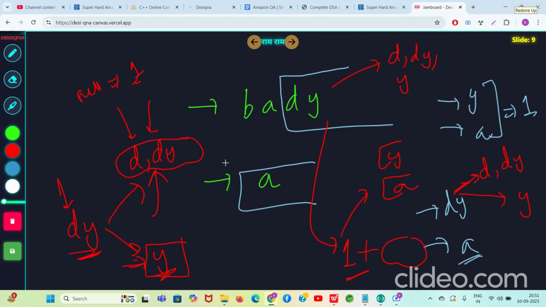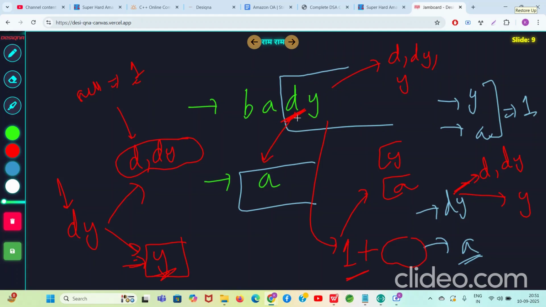It's pretty simple. Why? See, you now need very deep observational skills. This is the game changer. When you are looking at dy now, this d is bigger than a. Because this d is bigger than a, all the subsequences after d can merge with d, and still the subsequences will be greater than a.